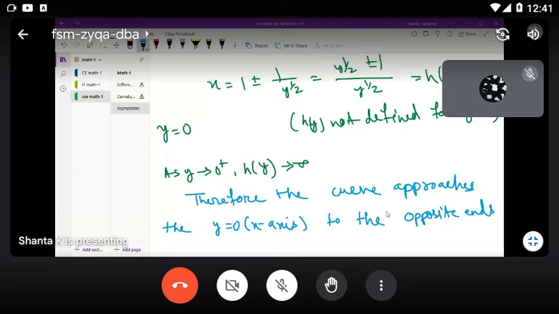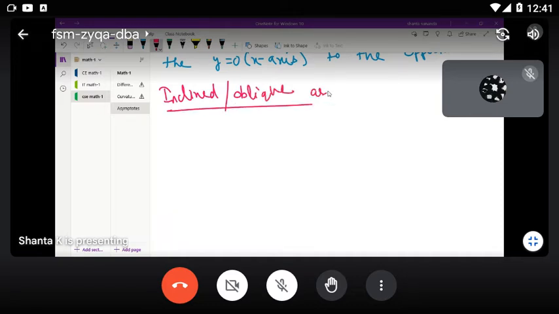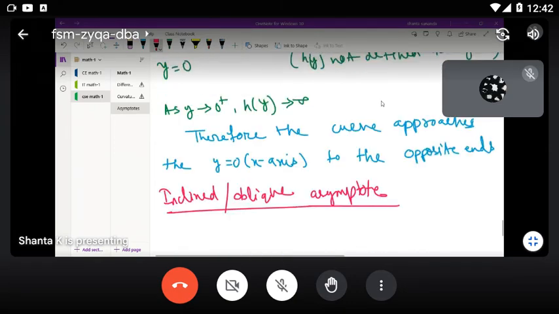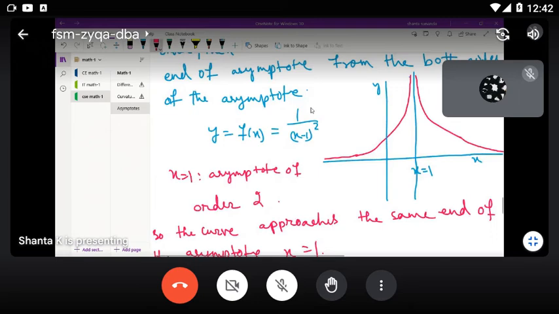Okay, now we will come to the third one, inclined or oblique asymptotes. So the other one, which was not horizontal or vertical, is the inclined or oblique asymptote. Here it's not defined from the other side, that's why we are getting this.